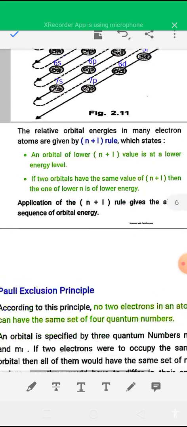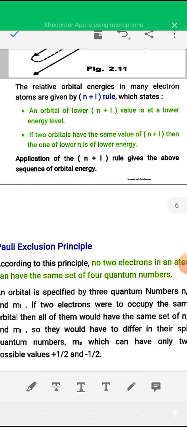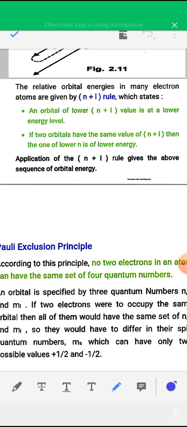And how to know which orbital has higher energy and which orbital has lower energy? You have to remember n plus l. Relative orbital energies in many-electron atoms are given by the n plus l rule, where n is the principal quantum number and l is the azimuthal quantum number.